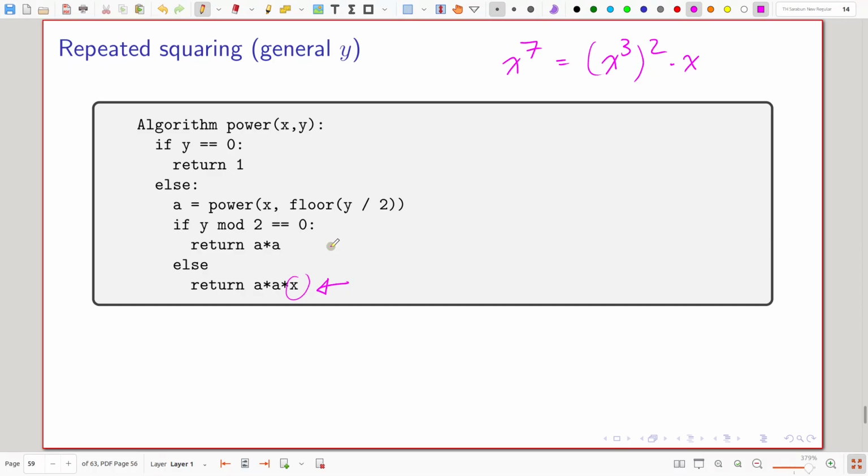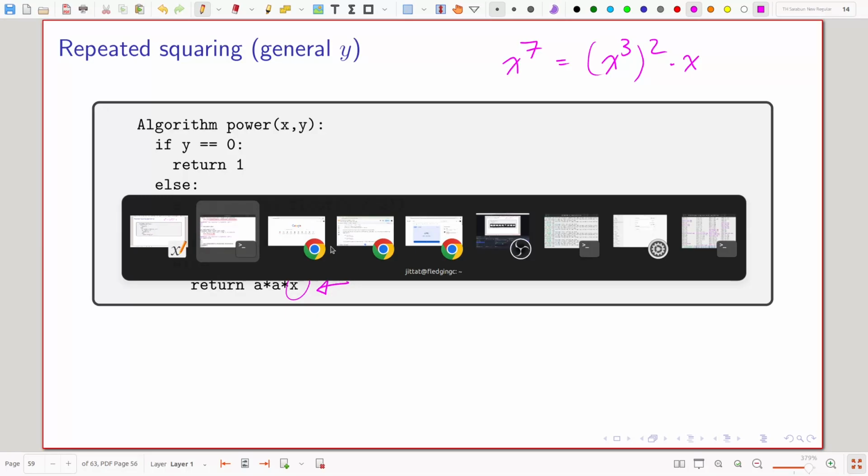Okay? So this is the function. Let me write it for you and see how it works. It works really fast.